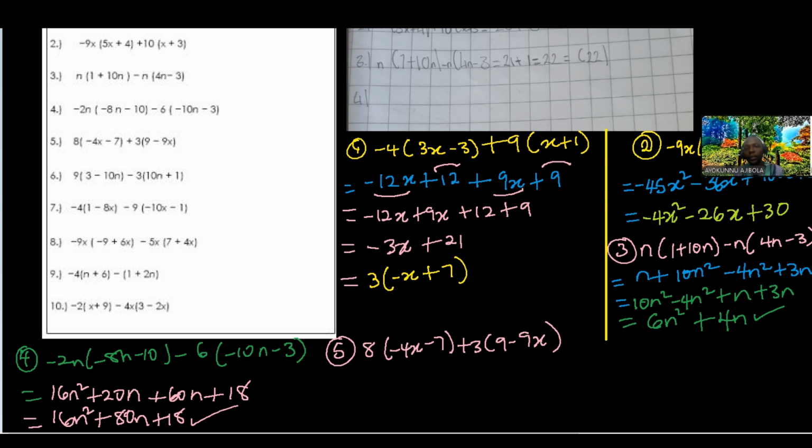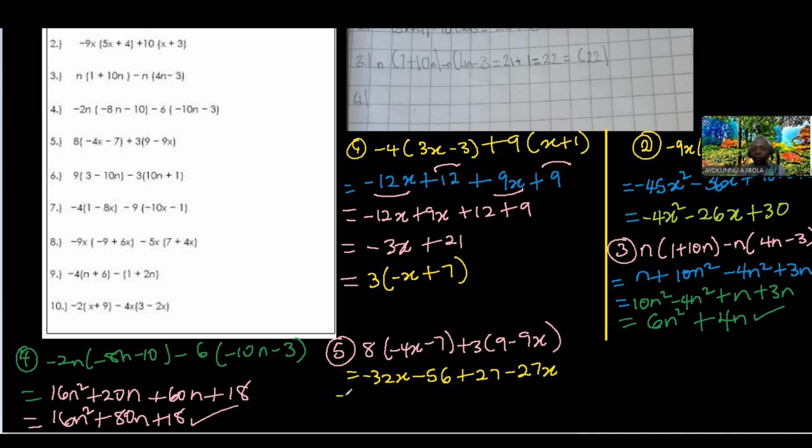The 8 is positive, so it's going to give us a negative result because the two are negatives inside the bracket. So 8 times 4 is negative 32 because of the negative, then x. Then 8 times 7 is 56, it's also negative 56. 3 times 9 is positive because they are both positive, so 27.